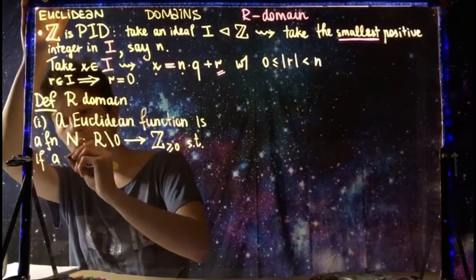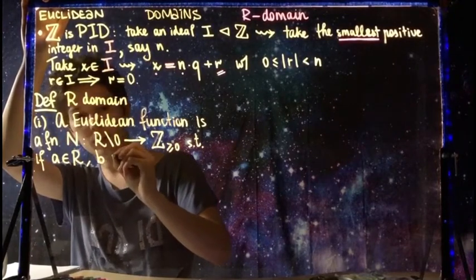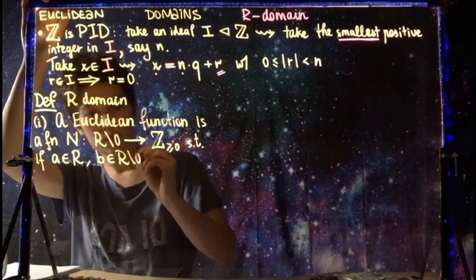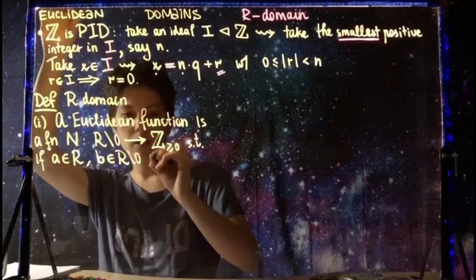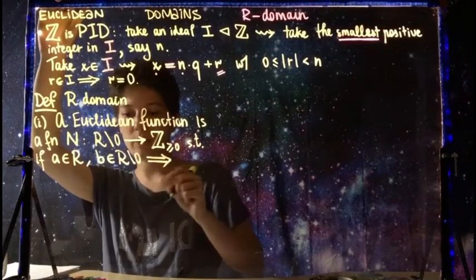if we have an element A in R and an element B in R without zero, then we can divide A by B with some remainder.